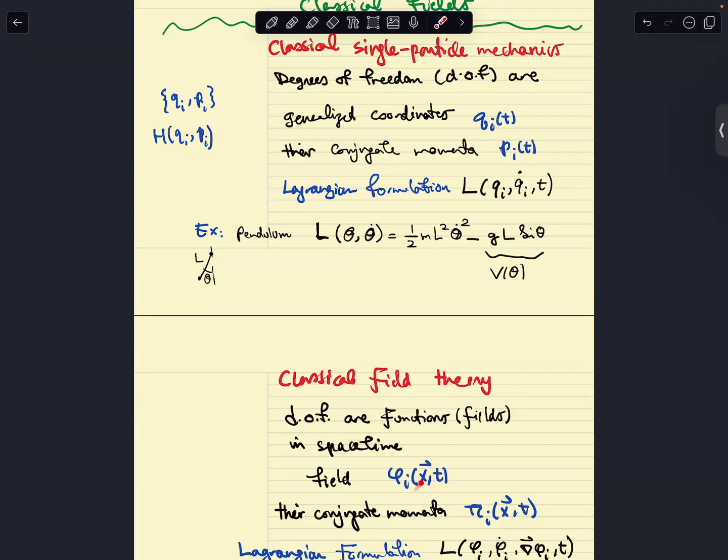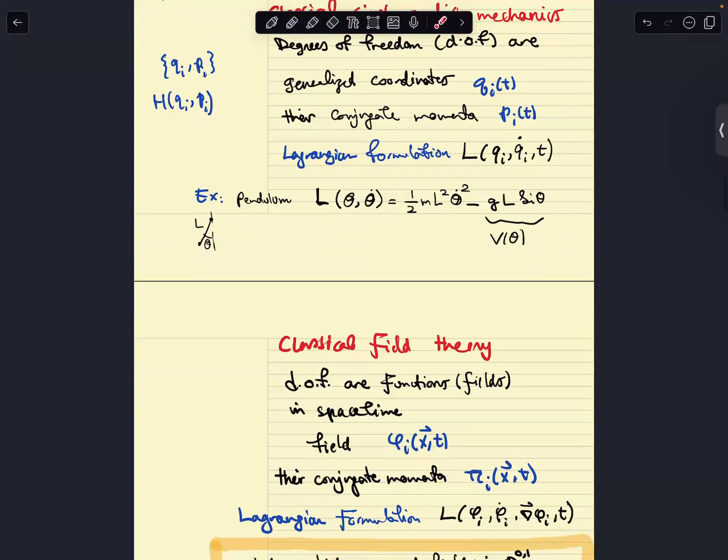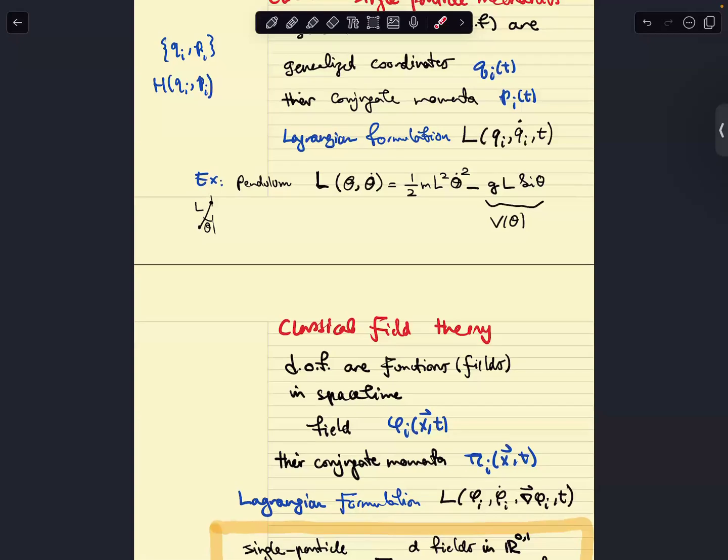So there are phi i of x and t. In comparison, you see here you had only time. Here you have x and t, and the fields are phi i's. They also come with their conjugate momenta, pi i of x and t. You could talk about the Hamiltonian formulation, or you could talk about the Lagrangian formulation.